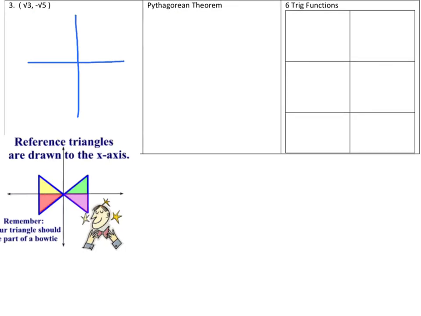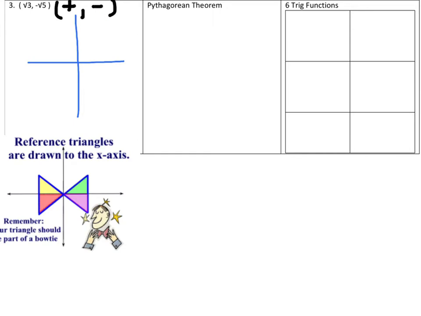Okay, looking at this point, where in the world is root 3 on a graph? You really don't even have to get it in the right place. The positive negative sign tells you which way to go. And we're looking at this one, and basically we have a positive number, the root 3 is positive, and we have a negative number.